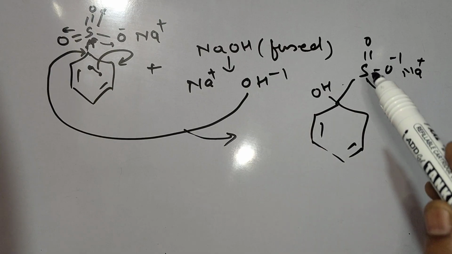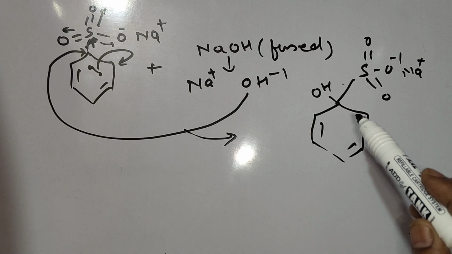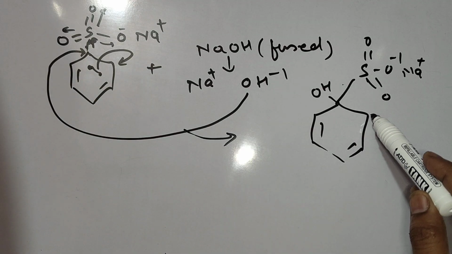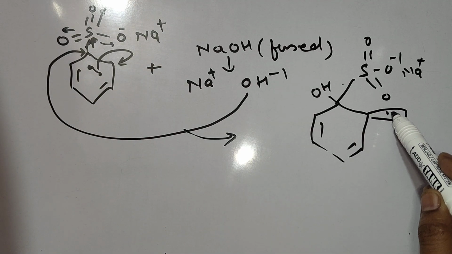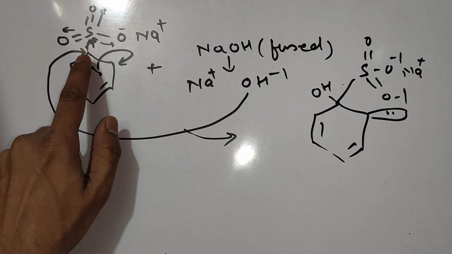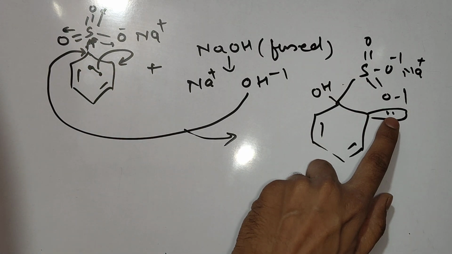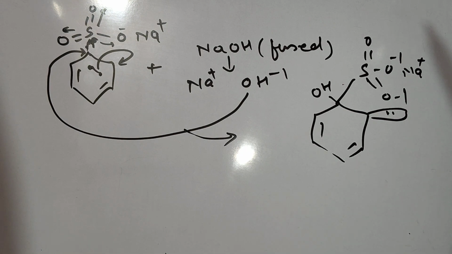This one. But this carbon will be in trouble now, because it got extra electrons like this. This electron was of this carbon, now it is on this carbon, so this carbon is getting extra electrons, so -1 charge will be generated on it. Carbanion is generated.